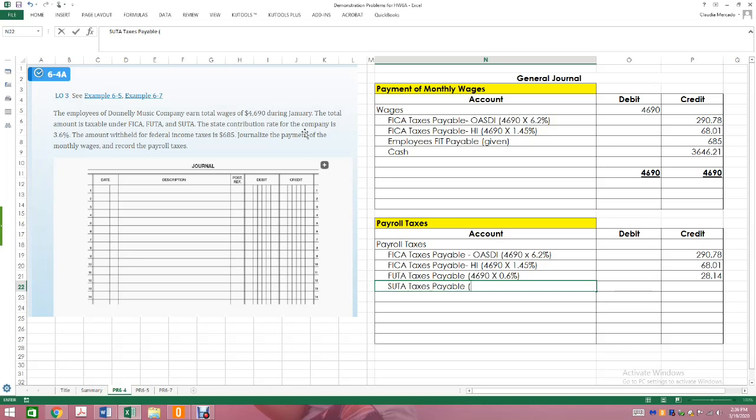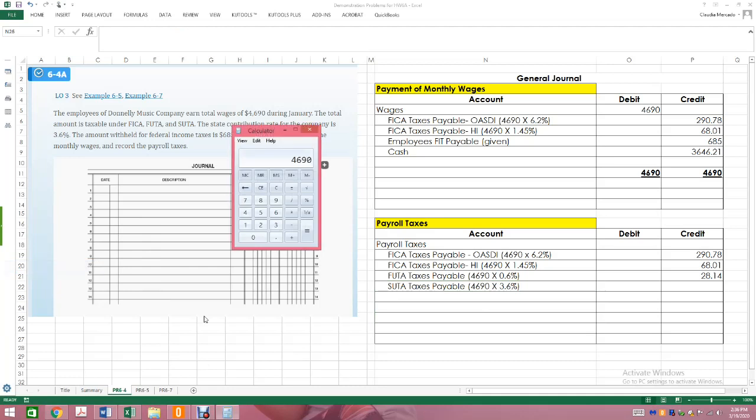The state contribution rate is 3.6%. That's given to you in the problem. So we're going to get the amount of wages, which is $46.90, times 3.6%. Let's see what that gives us. $46.90 times 3.6% gives me $168.84.